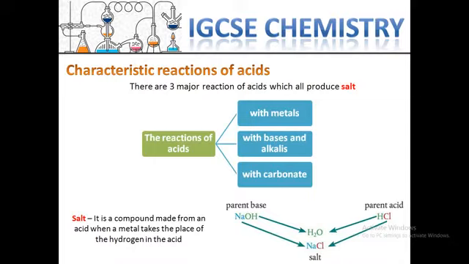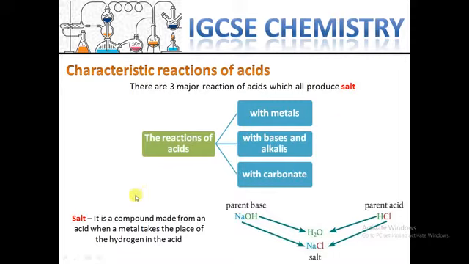These are the list of three main reactions of acids: acids can react with metals, acids can react with bases or alkalis, and acids can react with carbonates. All these three main reactions can produce salt.